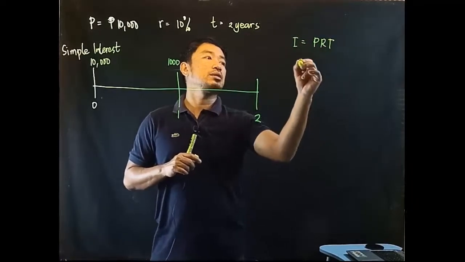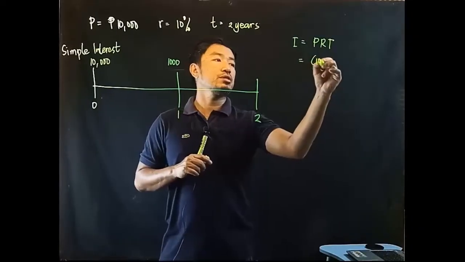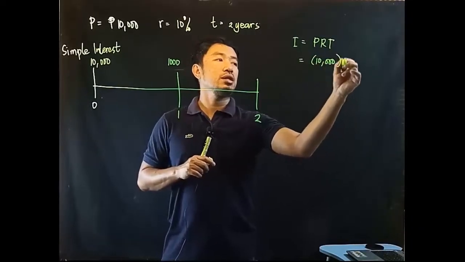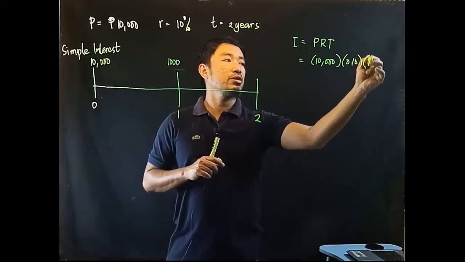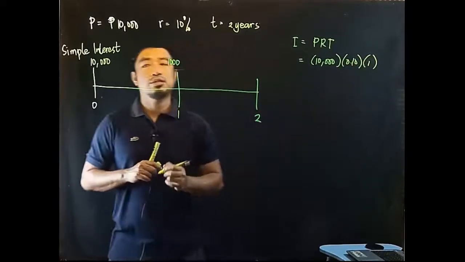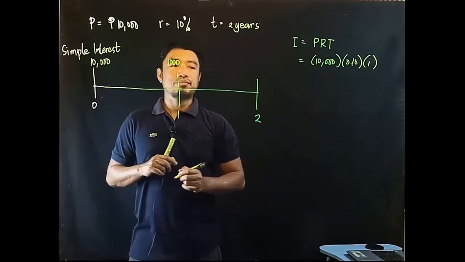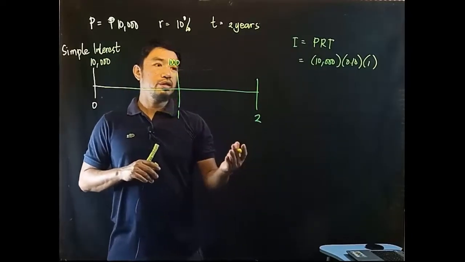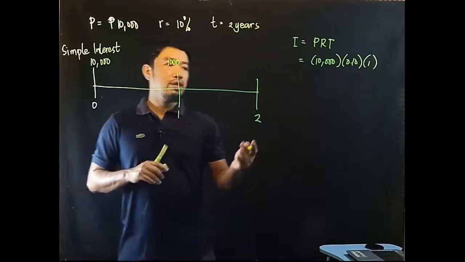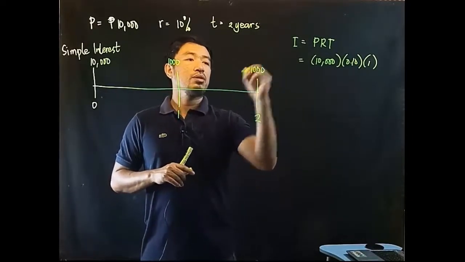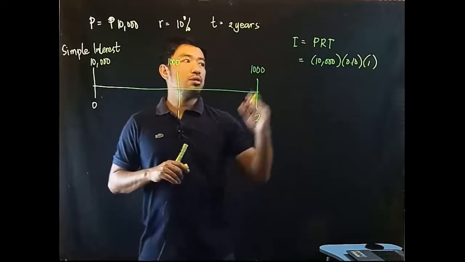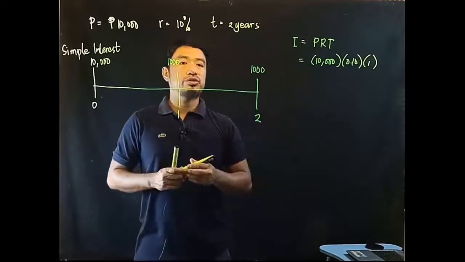PRT, where the principal amount is 10,000, the rate is 10% over a period of 1 year. On the second year, it will again gain another 1,000 pesos based on this calculation.